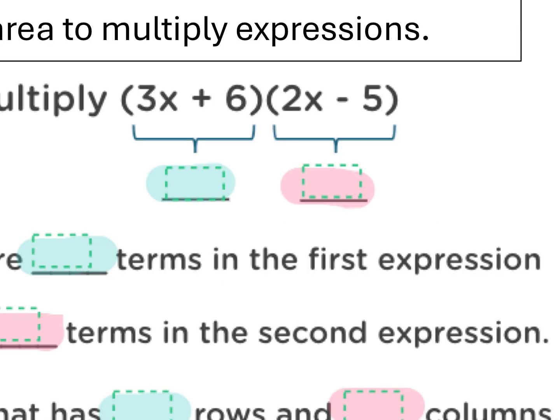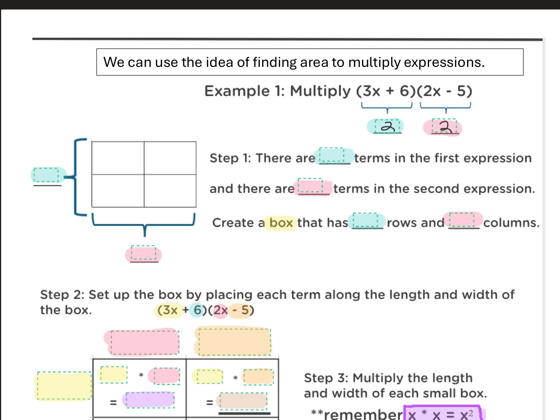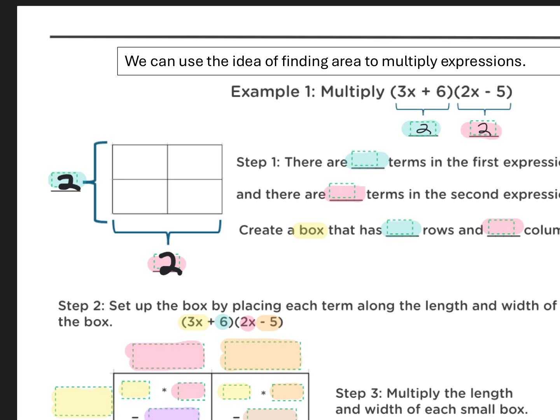Hi mathematicians, in this video I'm going to show you how to multiply expressions. And first, because our first expression has 2 terms in it, and this expression also has 2 terms, we are going to set up a box that is 2 boxes long and 2 boxes wide, because we're going to use the idea of finding area.